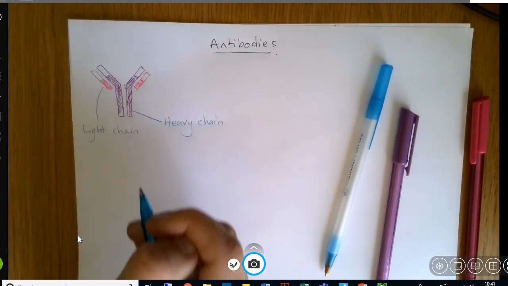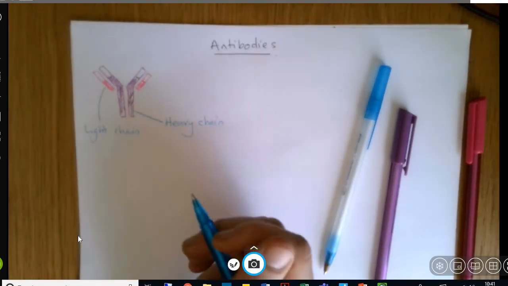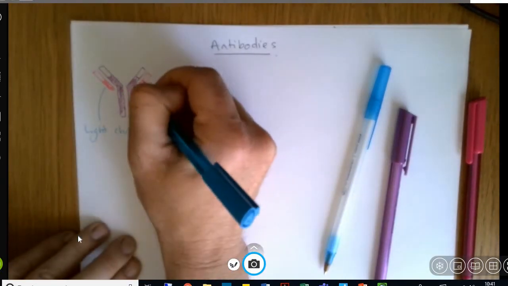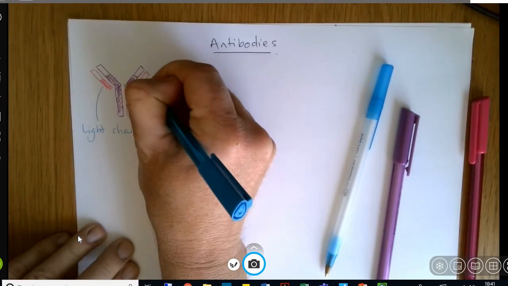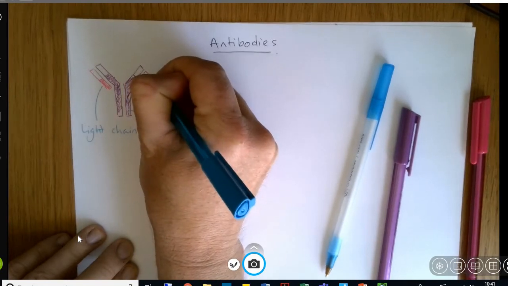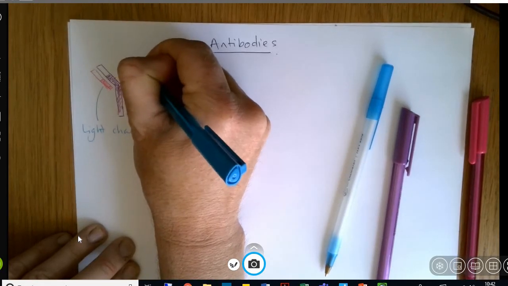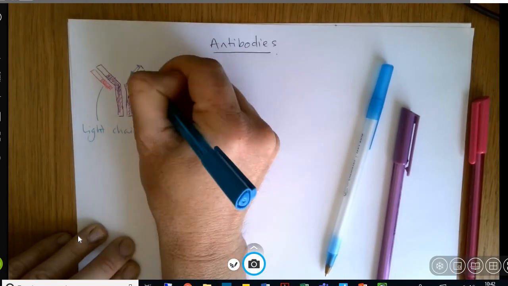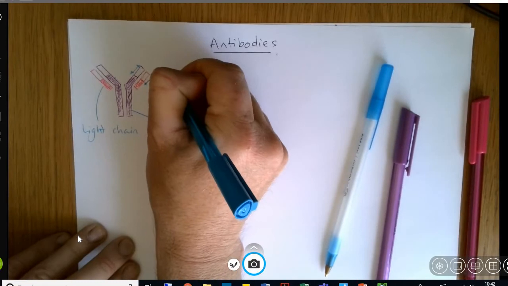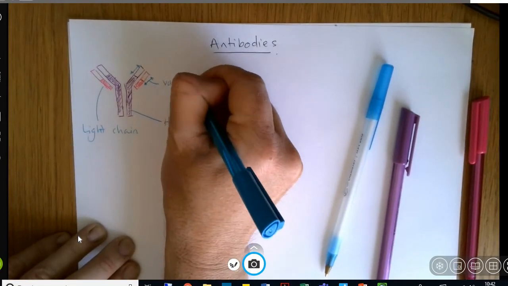Now, there are certain other regions that we need to focus on. The first is this little part here, where you notice that I've drawn and left blank. This part here, which is the same on both of the chains, is what we call the variable region.